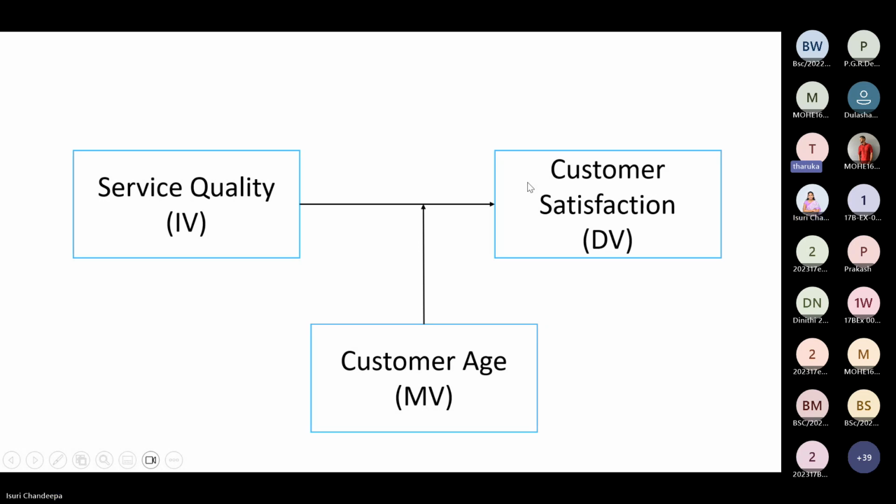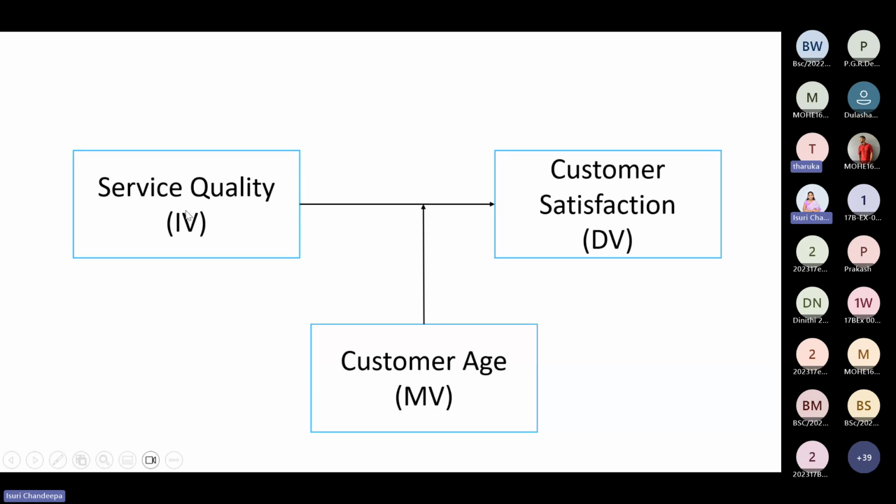When we are answering the first question, we take service quality and customer satisfaction. But in the second question, we ask whether the relationship between service quality and customer satisfaction may differ with customer age or gender.